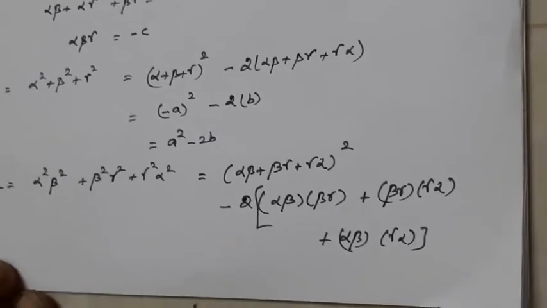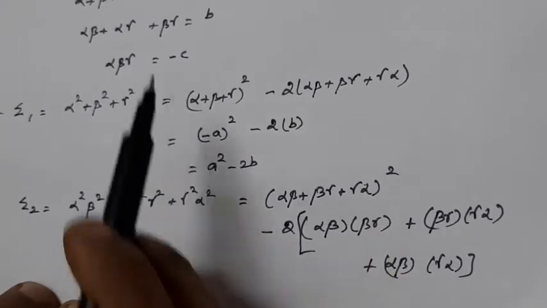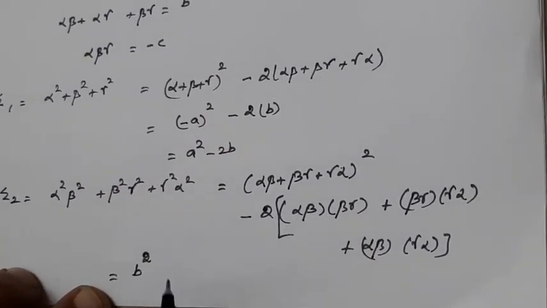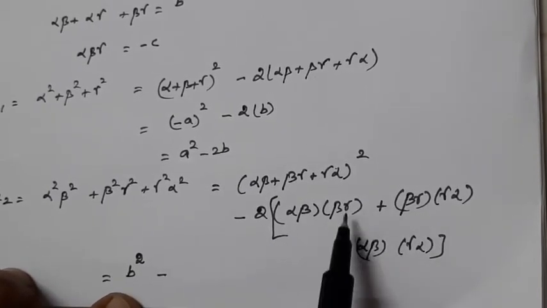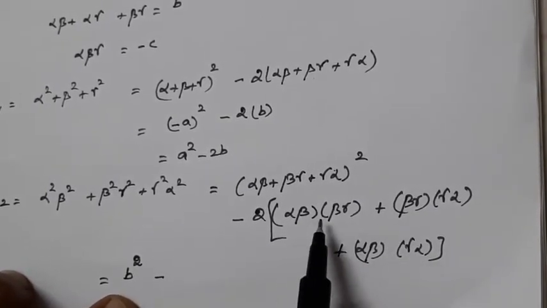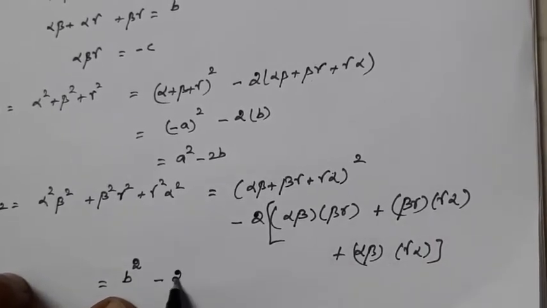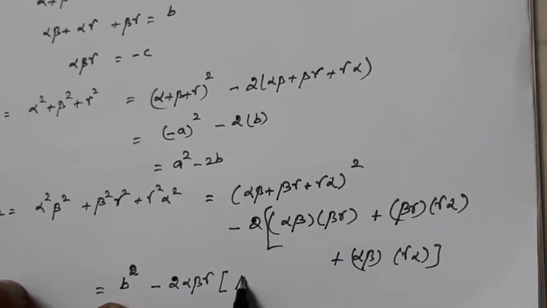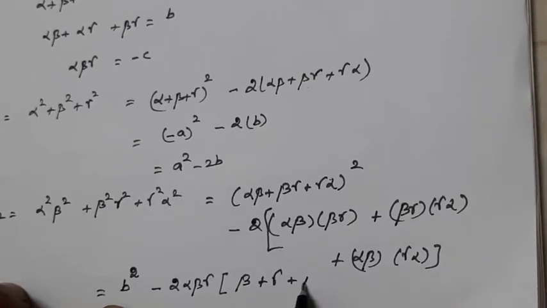Now in order to substitute the value, alpha beta plus beta gamma plus gamma alpha can be substituted as b, so it will become b squared minus. Here in order to get the value of the term inside the bracket, we can take alpha beta gamma common from the three terms. So taking alpha beta gamma common, the remaining term will be beta, and here it will be gamma, and here it is alpha. Okay.